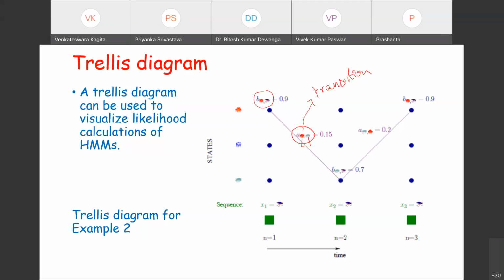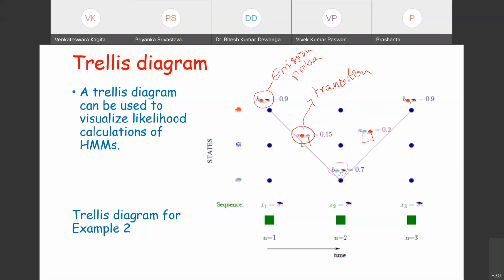This is the probability of transition from cloudy to sunny. Okay, and this we call the emission probabilities. What is the probability of xi given qi? What is the probability of no umbrella given it is sunny? Or what is the probability of no umbrella given cloudy?